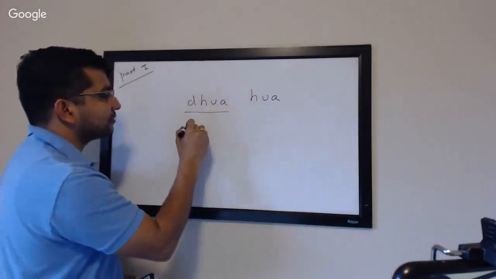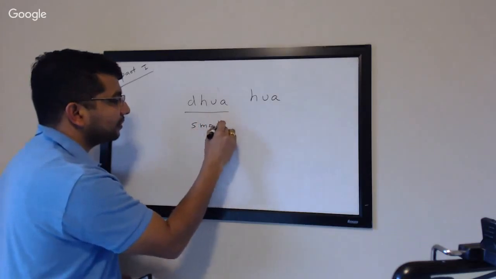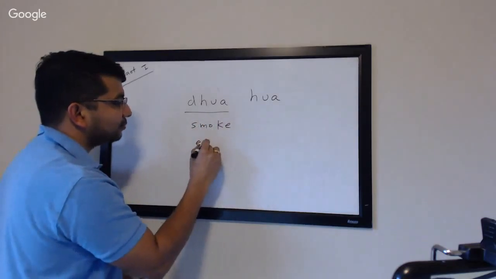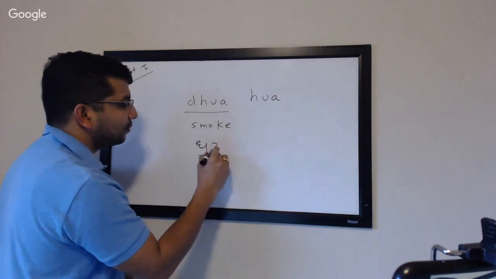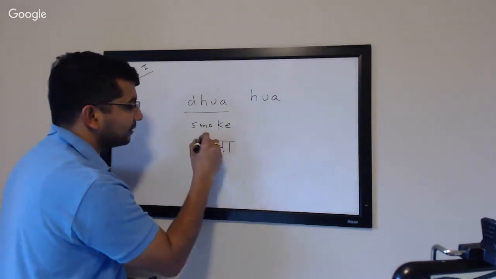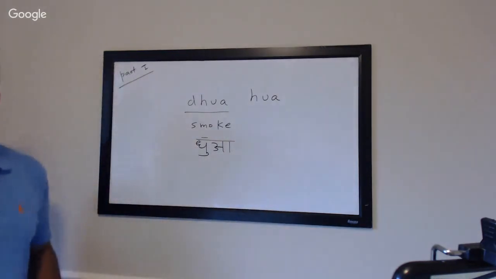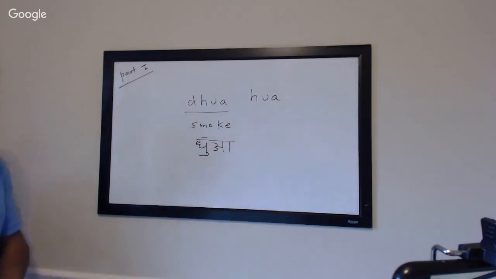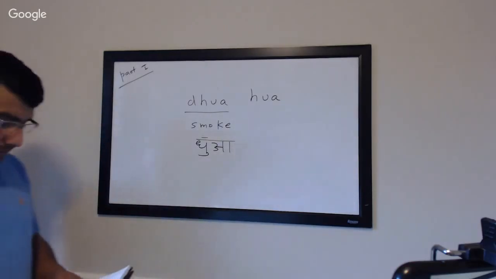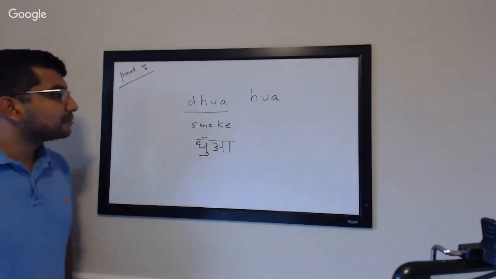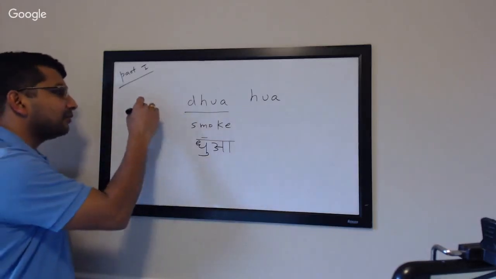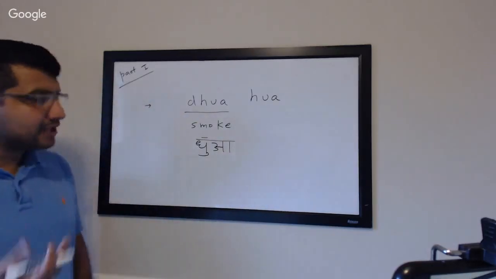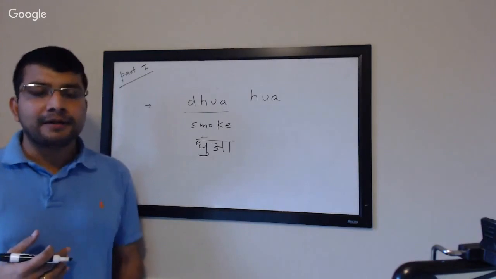Dhua is nothing but smoke. And for those of you who are more into Devanagari, धुआं हुआ. Smoke happened. I want to give more and more examples of hua, so you hear it again and again and you get better at it.